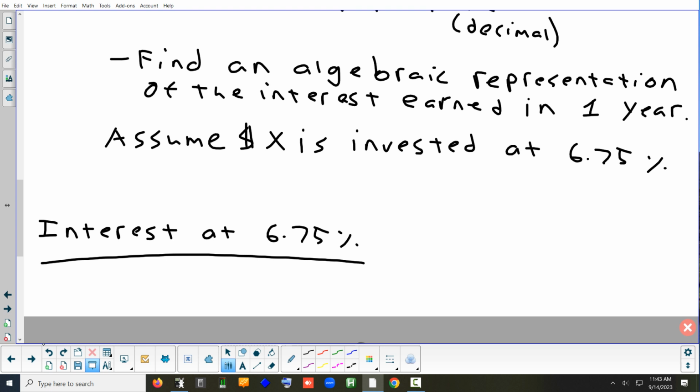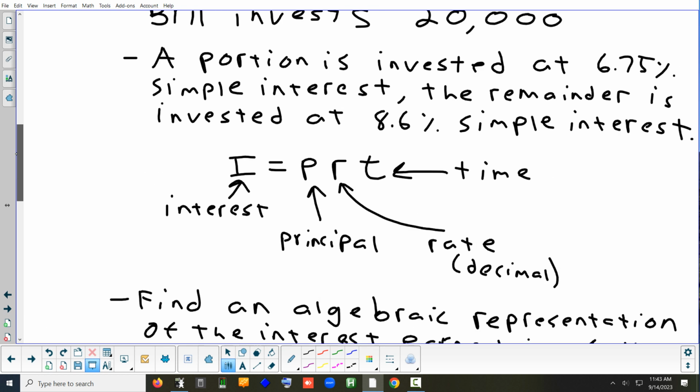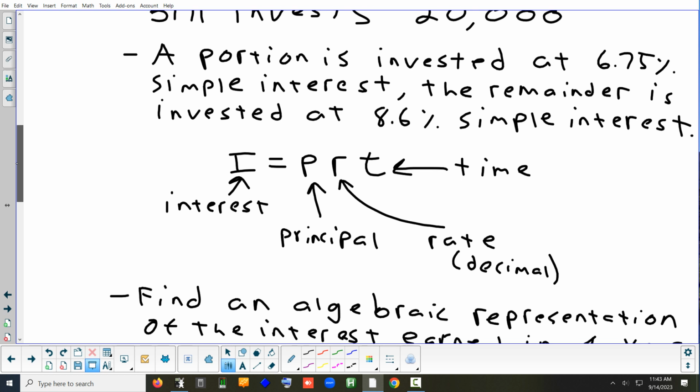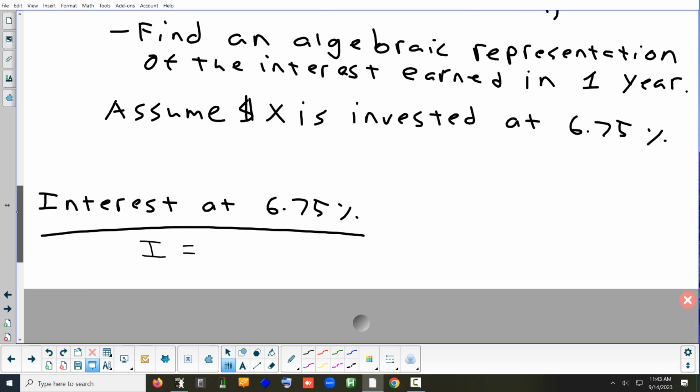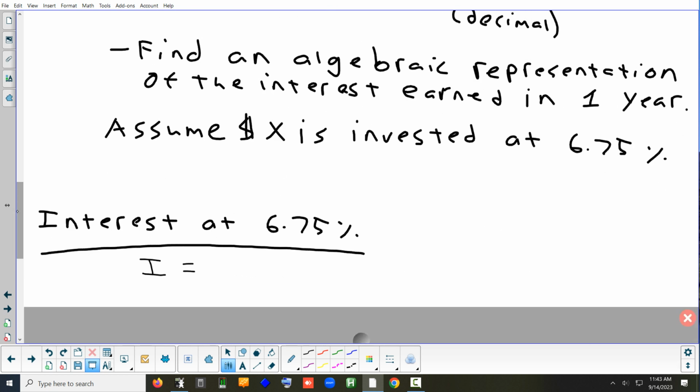All right. So let's see if we can calculate the interest that Bill makes in the 6.75% account. So interest is principal times rate times time. Principal is how much is invested. How much money does Bill invest in the 6.75% account?